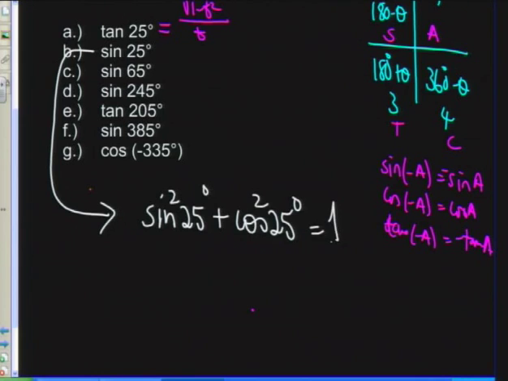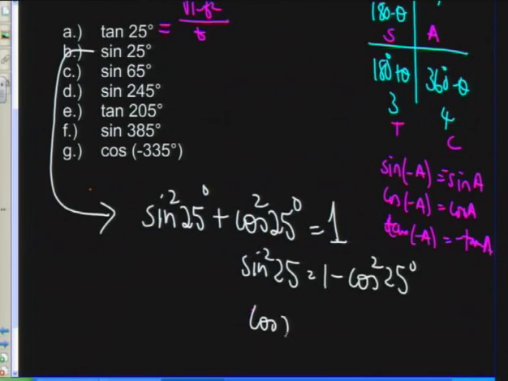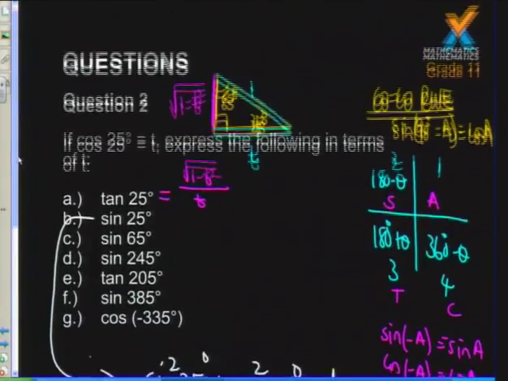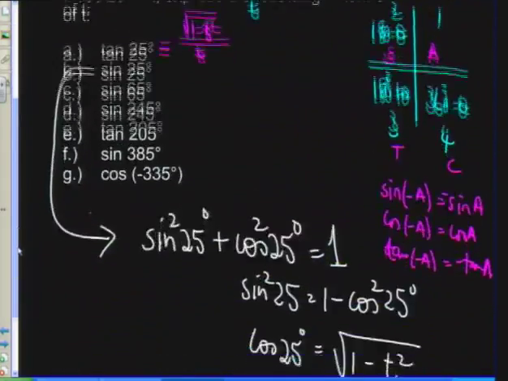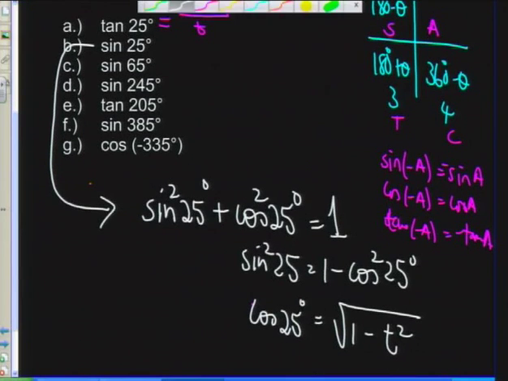That's the only way I can connect them. So if they've told us that cos 25 is equal to t, then sine squared 25 is going to equal 1 minus cos squared 25. And in that way, the sine of 25 is equal to the square root of 1 minus t squared. Now, if you remember from our diagram, cos, this should be sine, hey?